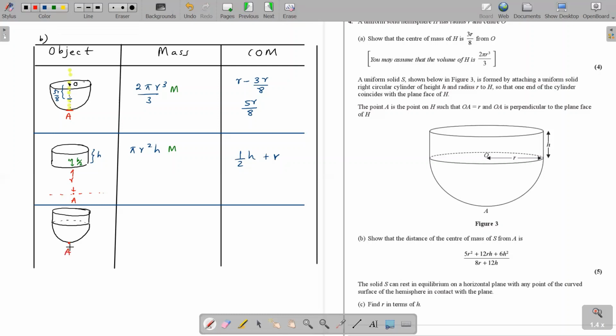So this is point A. What's the total mass? Obviously the total mass is when you add both of them, right? So shall we add both of them? What do you get here? 2/3 pi r cube m plus pi r square hm. Are you with me? The center of mass is the distance that we are trying to find. So I'll say it's y bar. Is that okay?